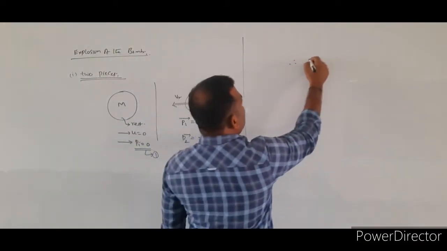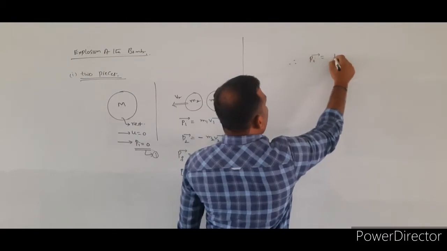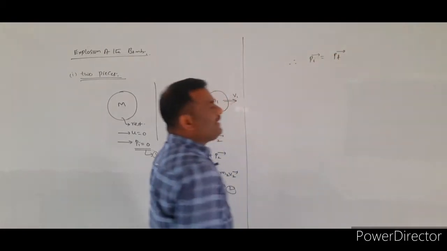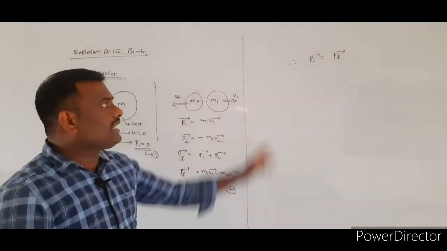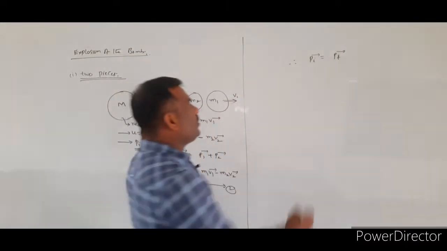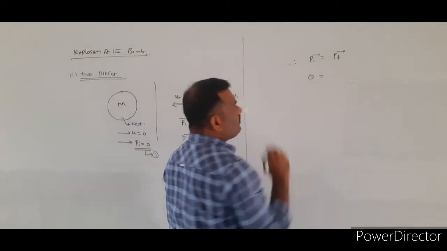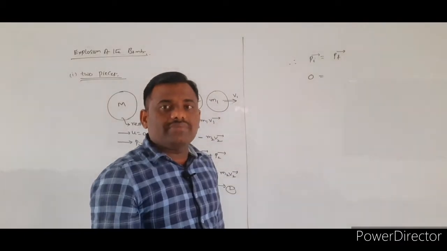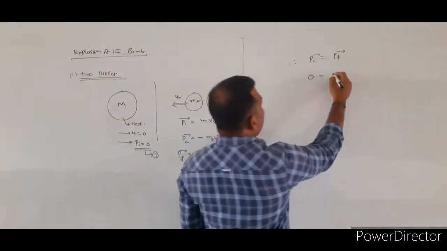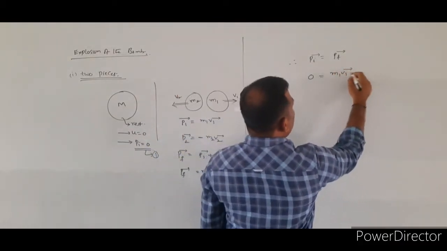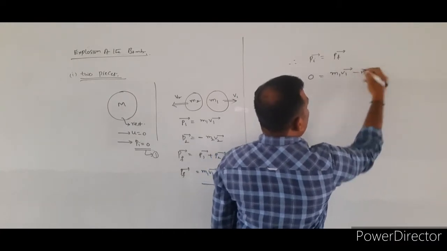Therefore, according to the law of conservation of linear momentum, the total initial momentum of the system is equal to the total final momentum of the system. The initial momentum of the system is 0, and the final momentum of the system is m1 v1 bar minus m2 v2 bar.